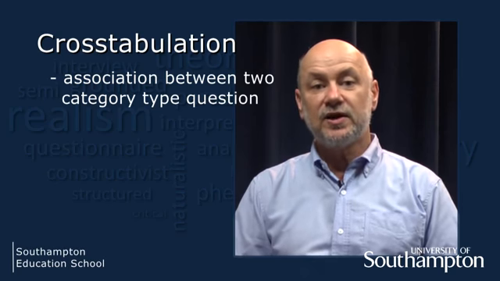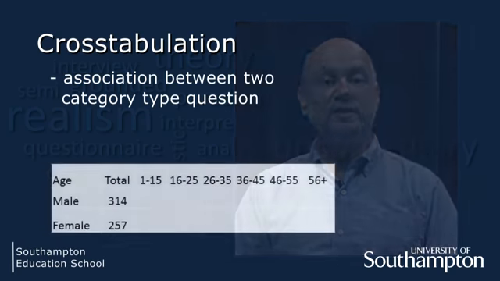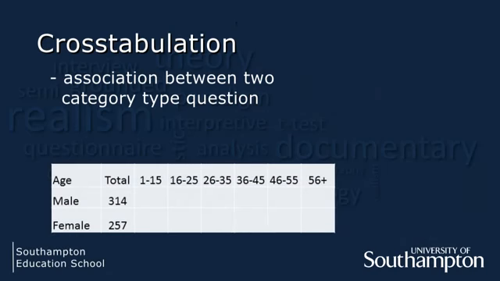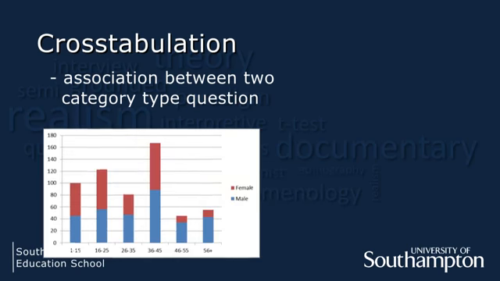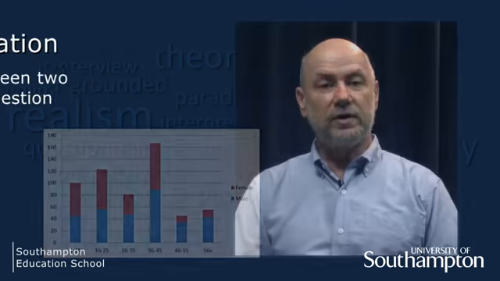As you can see, a cross-tabulation involves firstly dividing my questionnaire up into males and females, and then dividing up the males into the various age categories, and then dividing up the females into the various age categories as well. A stacked bar chart presents this quite well. Remember, all this is doing is summarising and describing the responses.